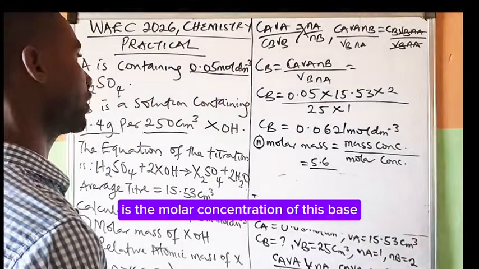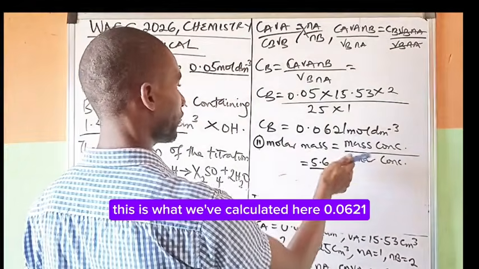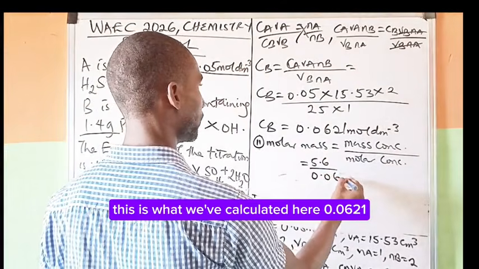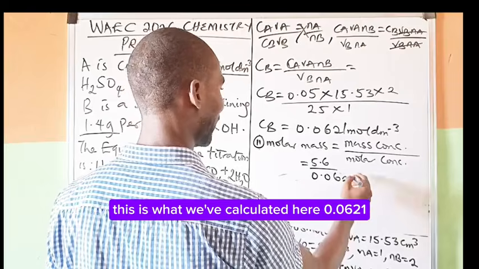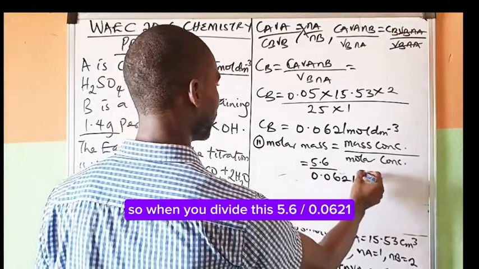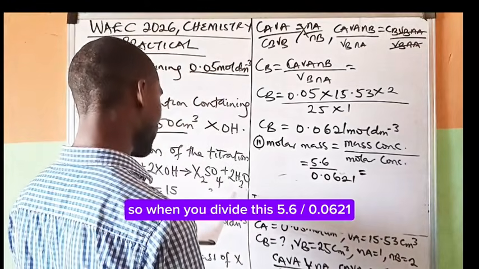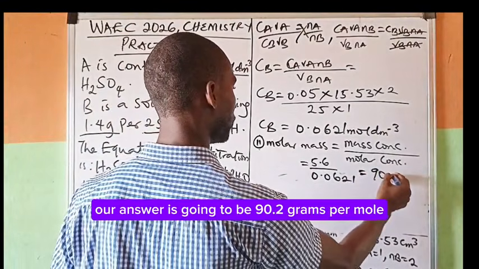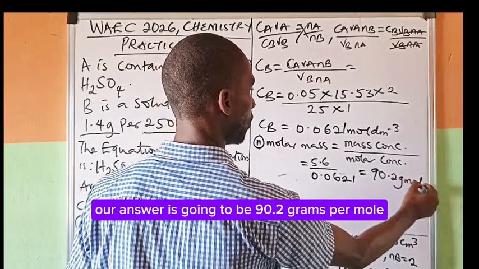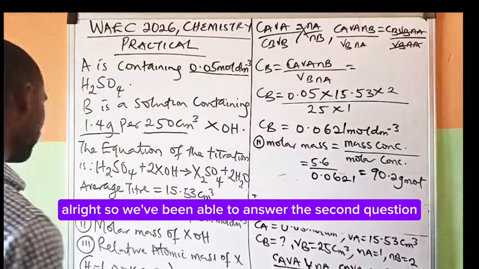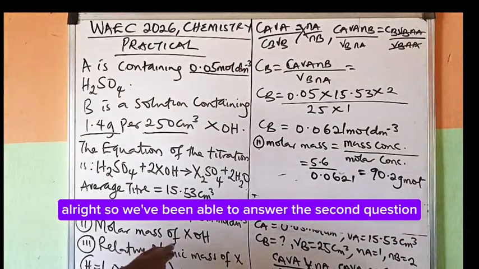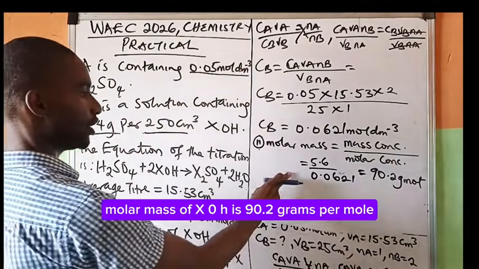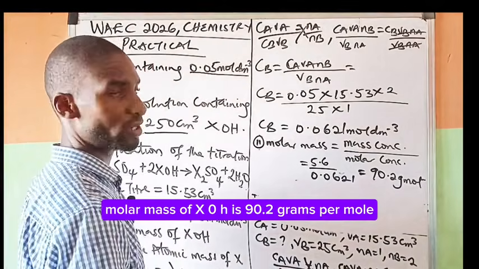What is the molar concentration of this base? This is what we've calculated here, 0.0621. So when you divide 5.6 by 0.0621, our answer is going to be 90.2 grams per mole. All right, so we've been able to answer the second question. Molar mass of XOH is 90.2 grams per mole.